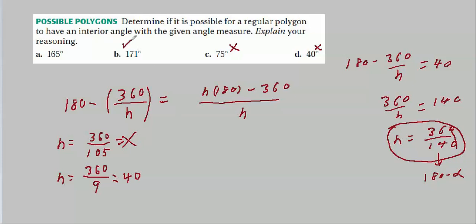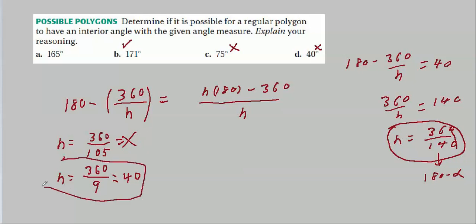Remember I said that the interior angles get bigger as the number of sides gets bigger. So with a huge interior angle like that, it kind of makes sense that you'd have a whole bunch of sides. And this is our last one here. And what would this be? Well, this one we should block these off here.